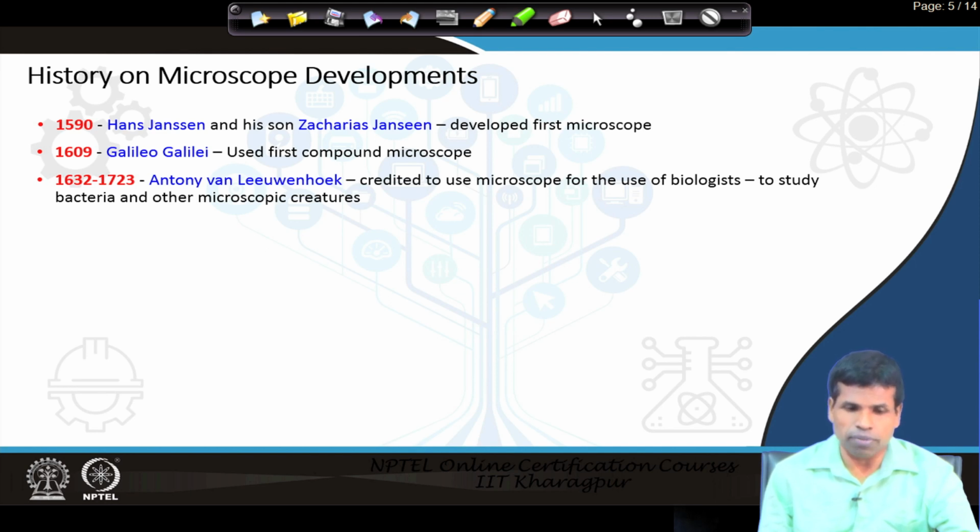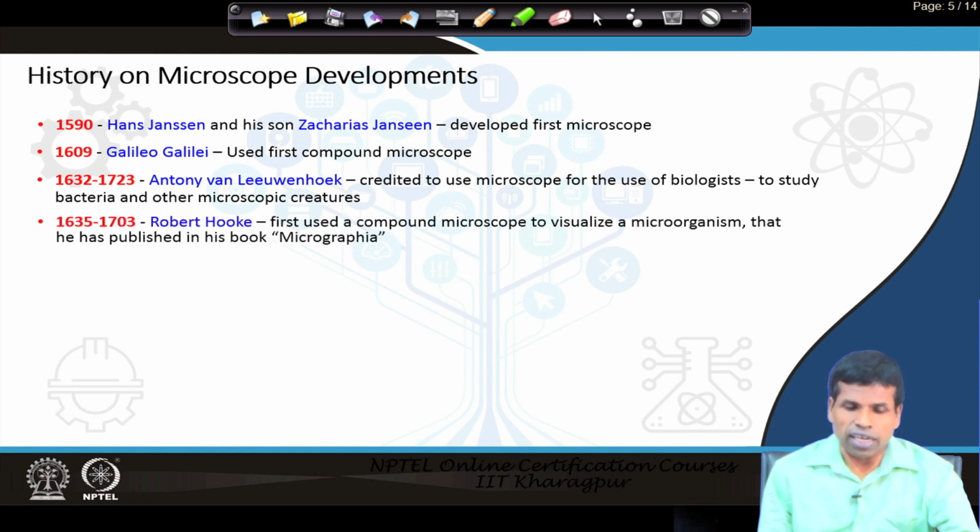Then in the same 17th century, Leeuwenhoek used the microscope to study bacteria and other microscopic creatures. And then Robert Hooke used the compound microscope to visualize microorganisms, and he published his book Micrographia with hand-sketched pictures of the microorganisms.